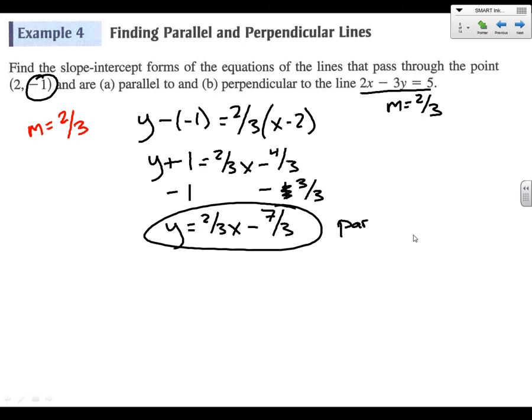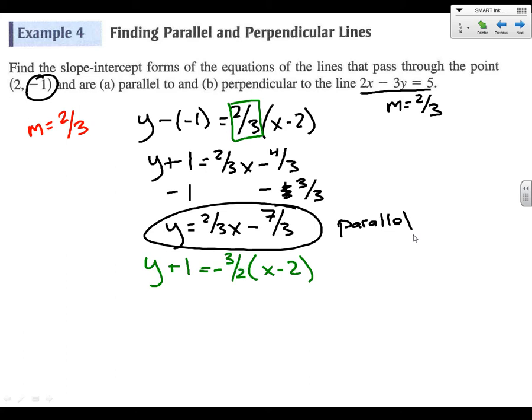That's the equation of the parallel line. Okay? Let's talk about the line that's perpendicular. Same setup: y plus 1 equals m times (x minus 2). The only thing that changes is I'm going to use the opposite reciprocal slope, so negative 3 over 2.